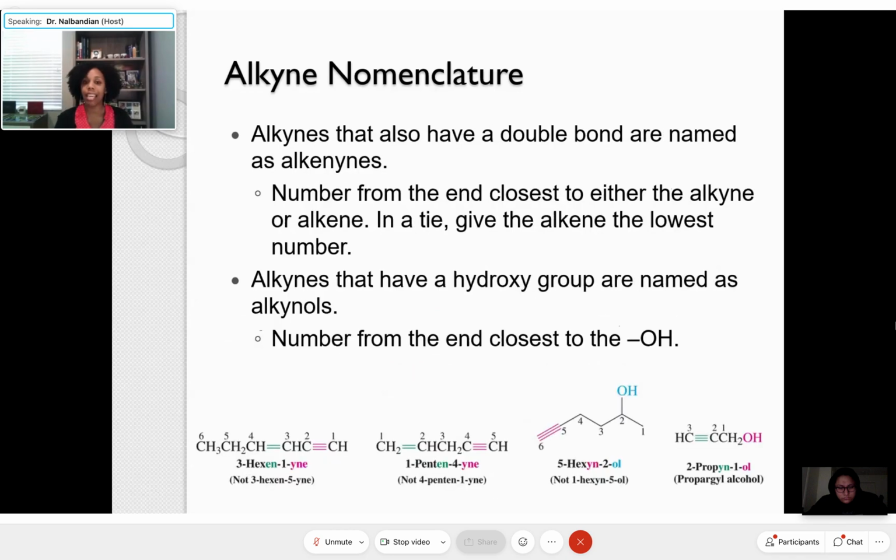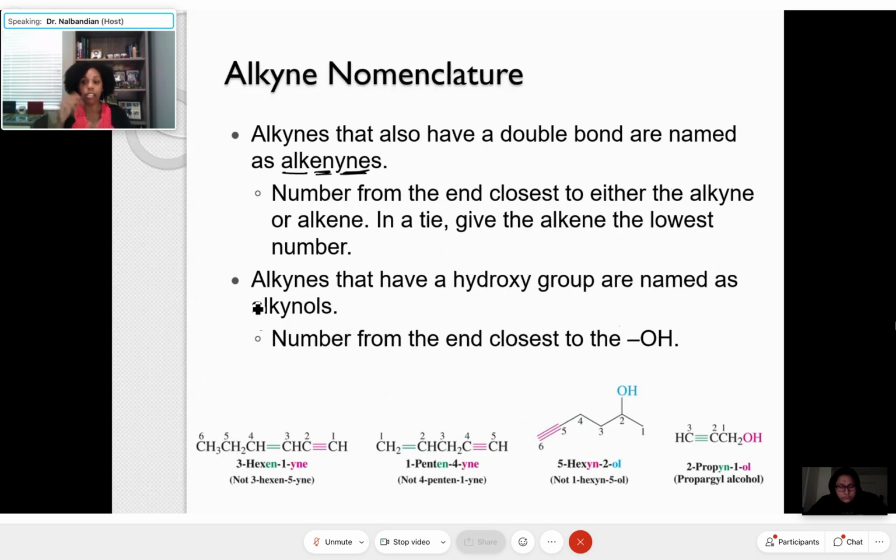But we can have alkenes and alkynes in the same molecule. We can have both alkenes and alkynes. So we name them as alkene-ynes. If your longest carbon chain includes both an alkene and an alkyne, then you name it as an alkene-yne.